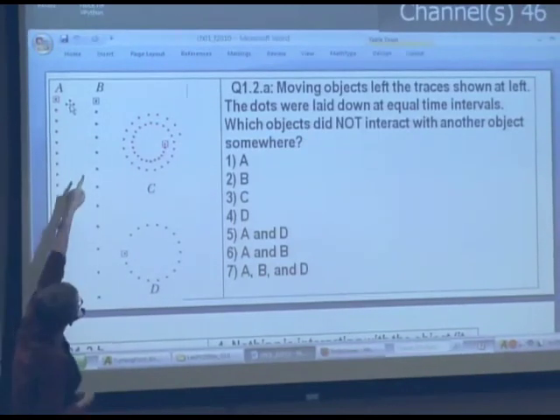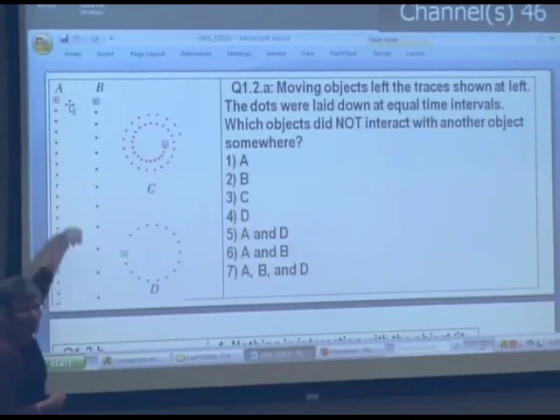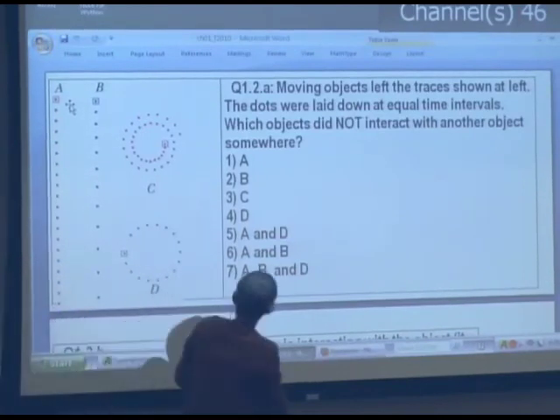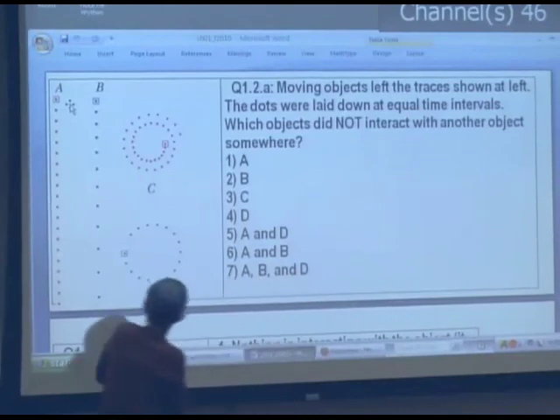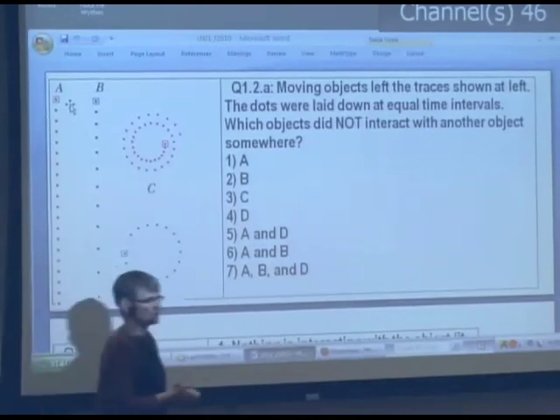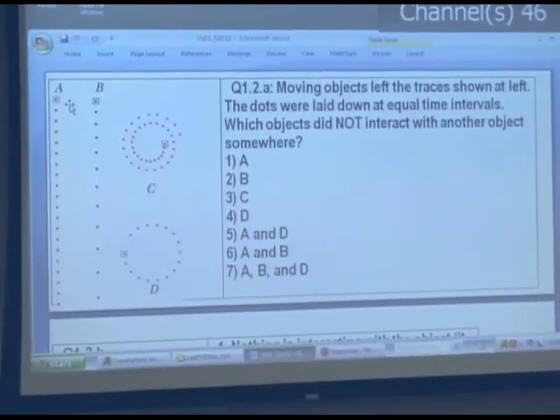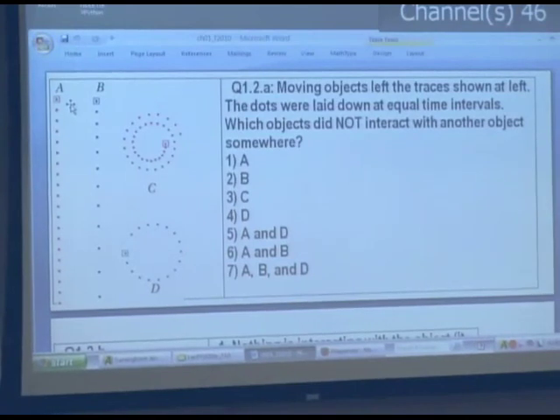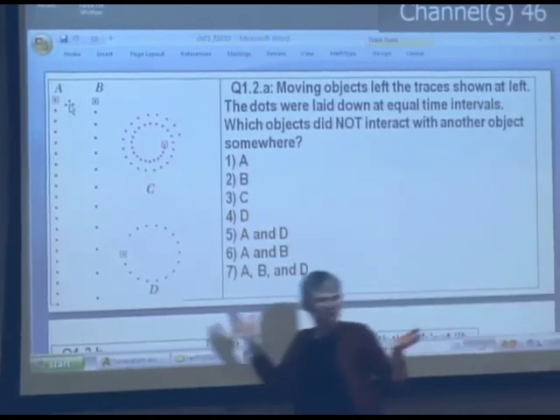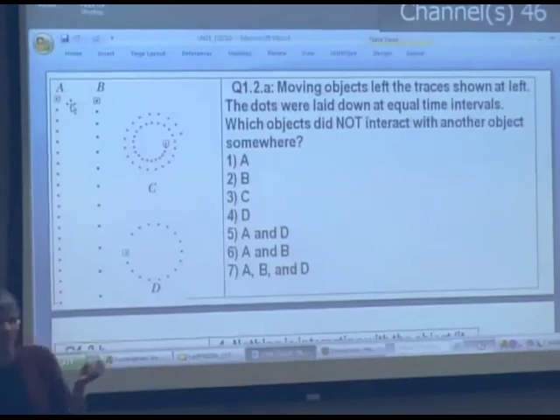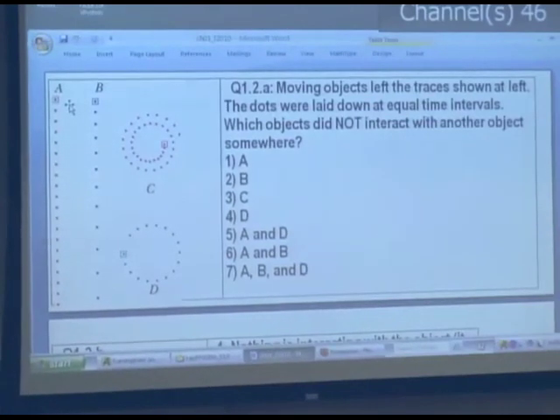B looks like it actually sped up because the dots get farther apart. But what about D? Some people did actually say D, or some people said A and D. Well, that just means it didn't get all the way around.